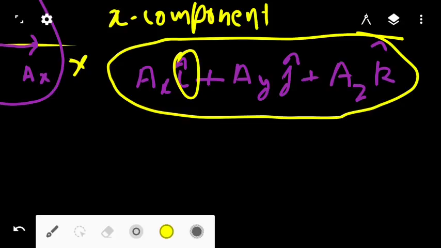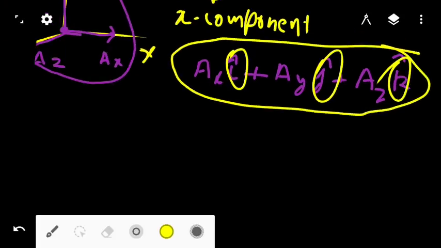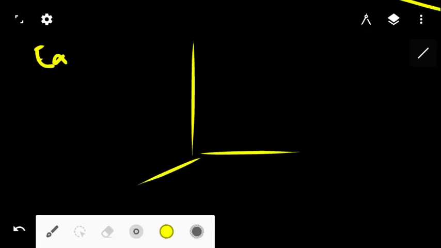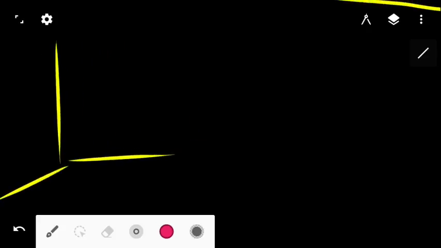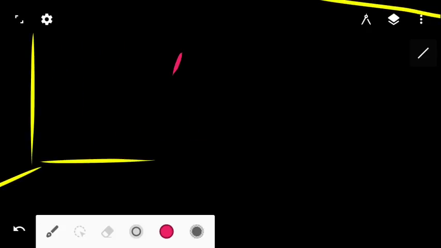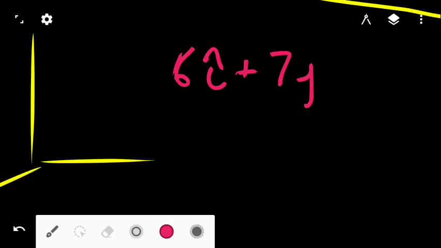These I cap, j cap and k cap are just symbols that tell you the direction of the number following them. So let's take an example, and three axes have been given, and a vector has been given in this form: 6 I cap plus 7 j cap plus 3 k cap.